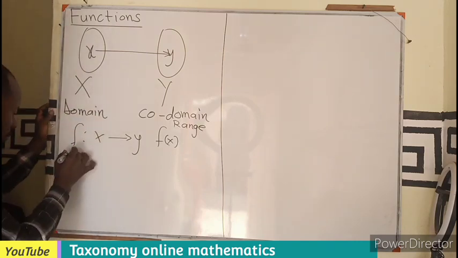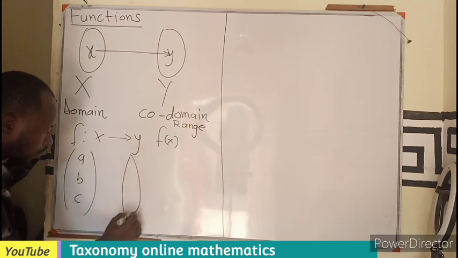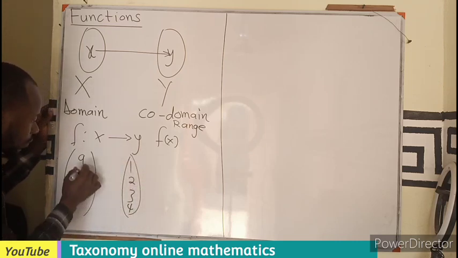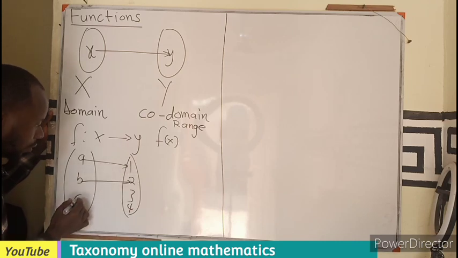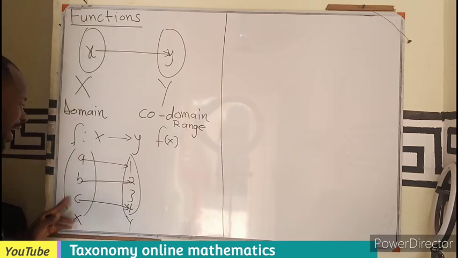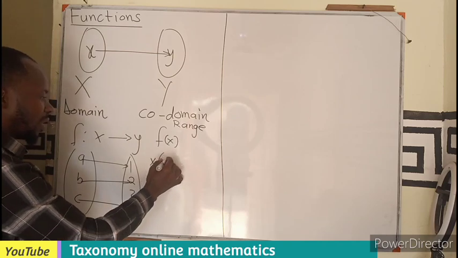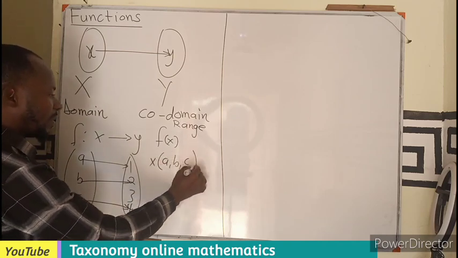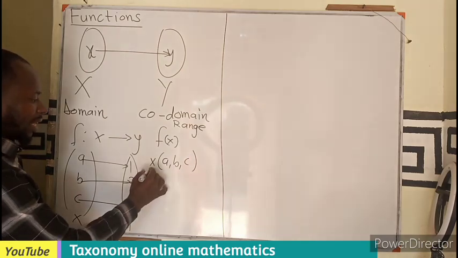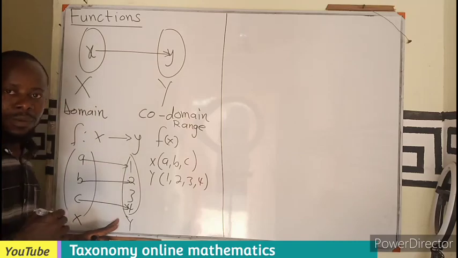For example, if we have this as set X and set Y. Now, if you are asked to list the elements in the first set, our elements in set X are going to be A, B, C. Then the elements in set Y are going to be 1, 2, 3, and what? 4.